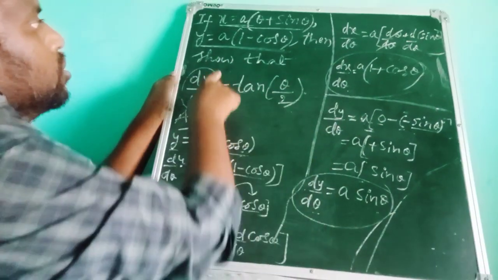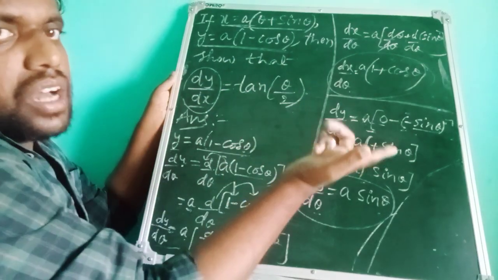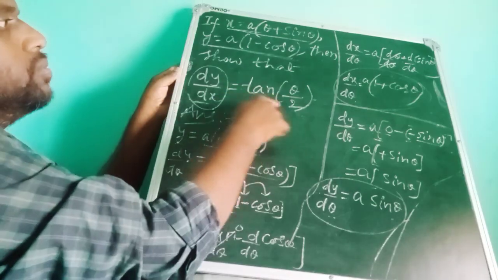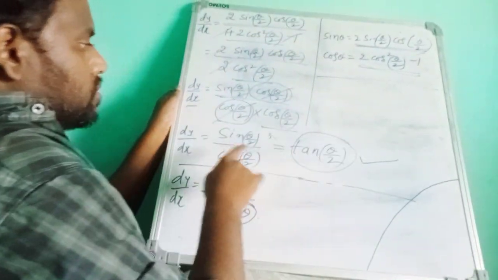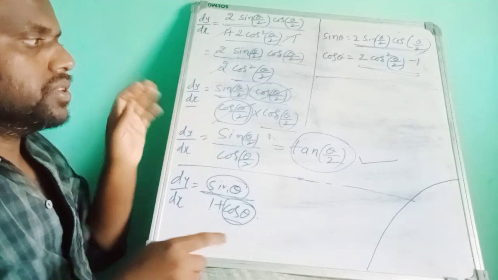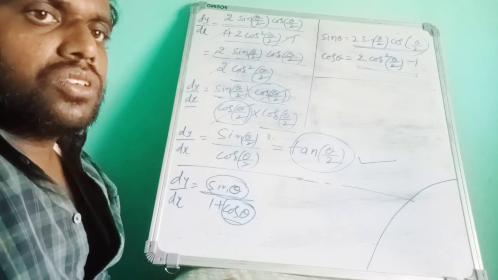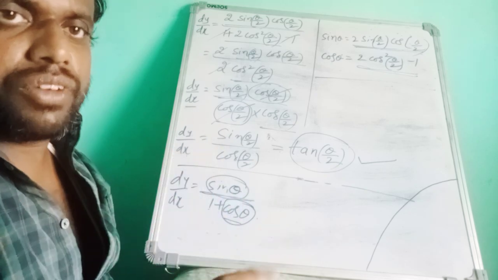Show that dy by dx is equal to tan theta by 2. We got the answer. According to the question, we have shown it, we have proved it.